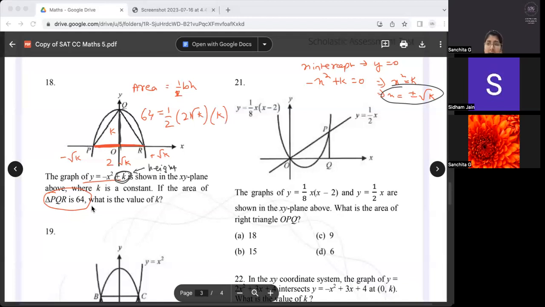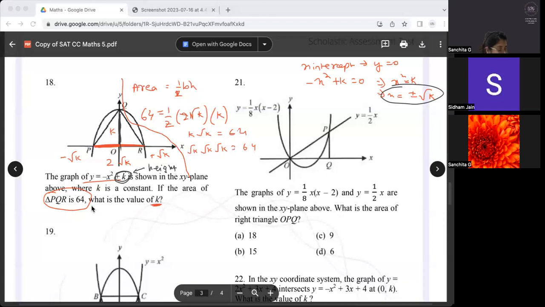My question is not done yet. I need to find k. Always keep an eye on the question. So 2 cancels out, and k root k is 64. Root k, root k, root k is equal to 64.